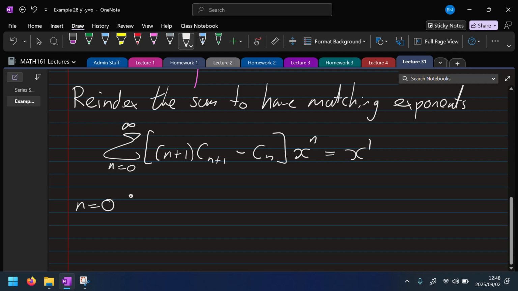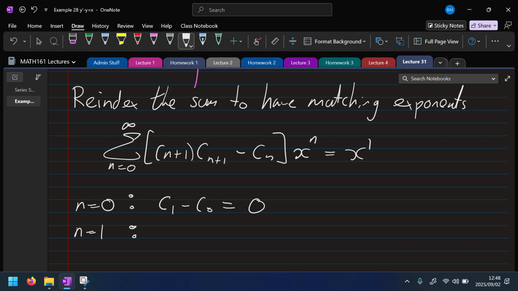So n equals 0. Okay, so when n is 0, let's see what we have on both sides. So n is 0, so we have c1 minus c0. And then on the right-hand side, we got nothing there. So that's just 0. Yeah. What happens when n equals 1? Okay, let's look at the side there.